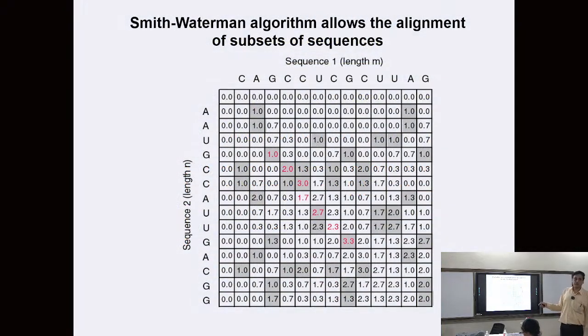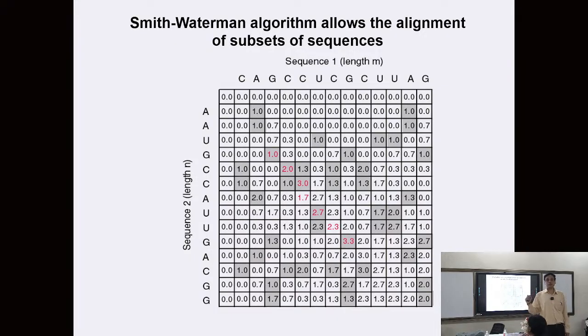So do similarly to how I showed you. You will be given the rules, which means the score for match, mismatch, and gaps. You will use them and fill it up. If you encounter a negative score, make it 0 and start afresh. Thus you would have filled up this matrix.